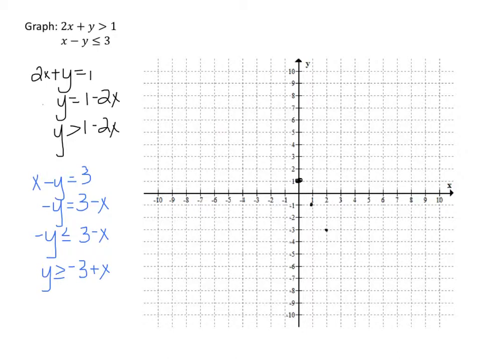With this one, because it is greater than, but not greater than or equal to, the line needs to be dashed. And we shade anything above this. So here's above.